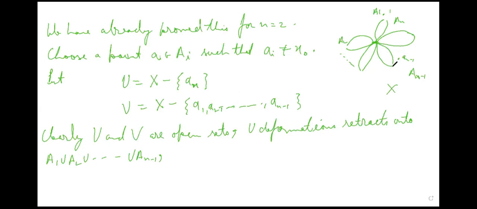So you can see that these ones, you can shrink them slowly and slowly to this point, similarly this one. So all of them you can shrink to this point, and ultimately what will you get? You will get just this one, right? That is AN, right? So what is exactly this?